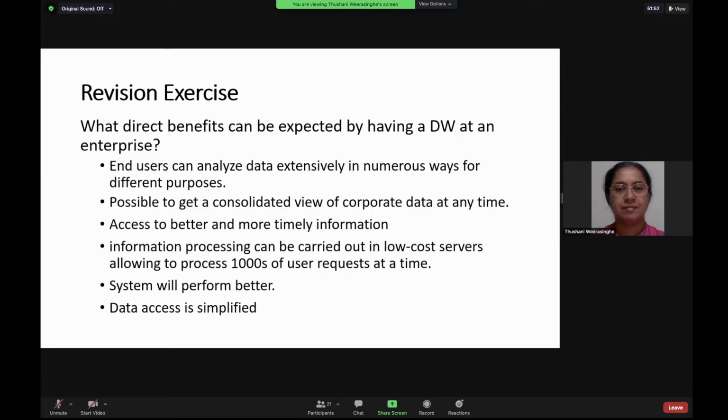Information processing can be carried out on low cost servers, allowing thousands of users to be processed. This system will perform better, and data access is simplified, so that everybody will be able to access data from one particular place.